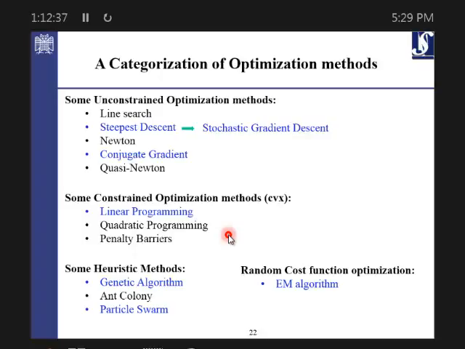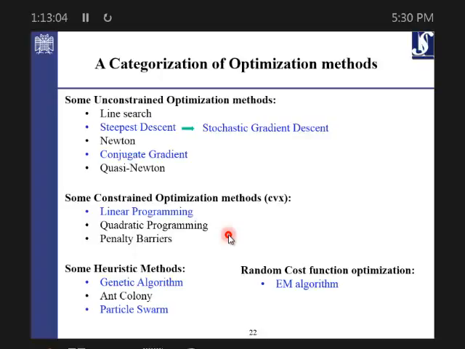These first three categories deal with a cost function which is not stochastic. And the last one, the EM algorithm, is for when you have a random or stochastic cost function. For the left-hand side, where your cost function is deterministic, we have different views.